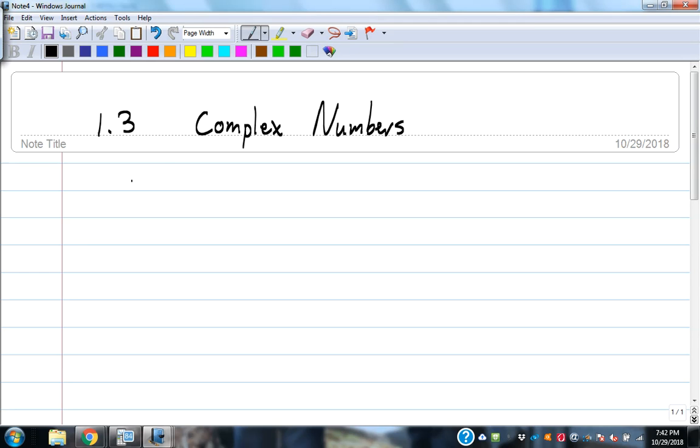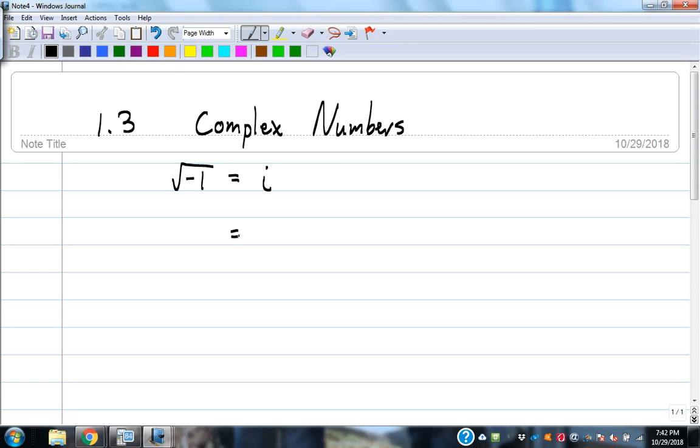A complex number is started out by taking the square root of a negative number. Square root of -1 we're defining as lowercase i. When you see lowercase i, it's coming from a negative underneath the radical or square root.